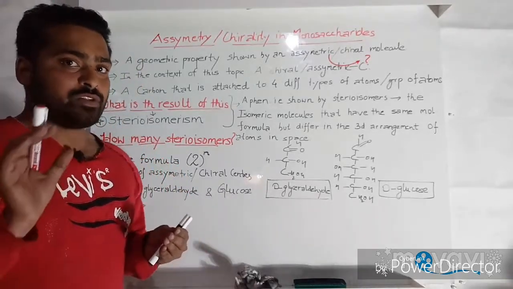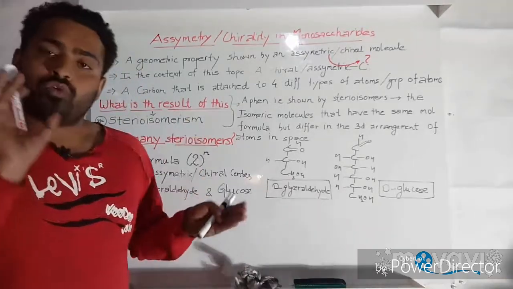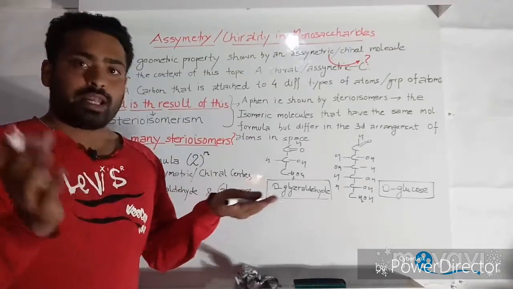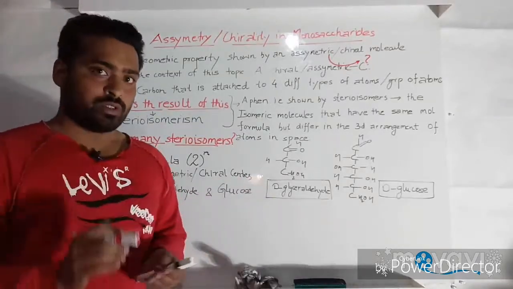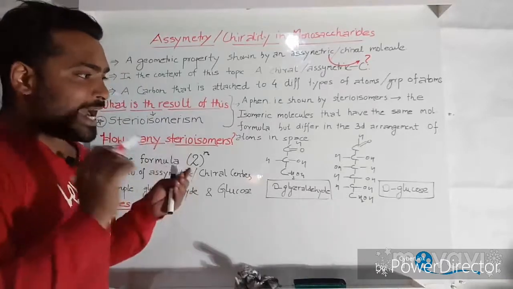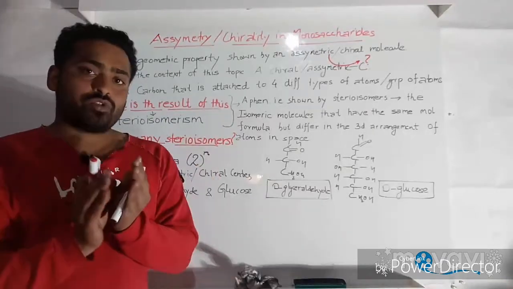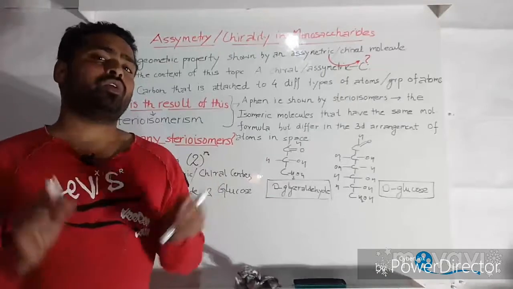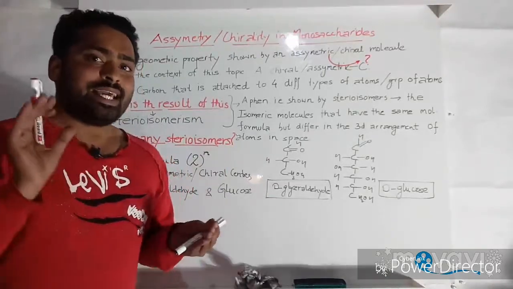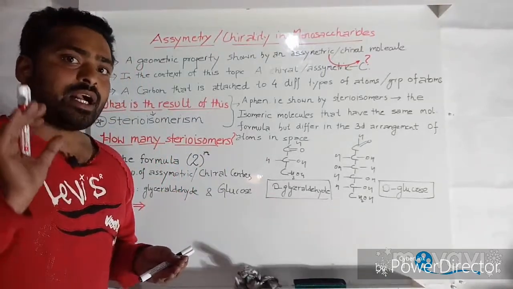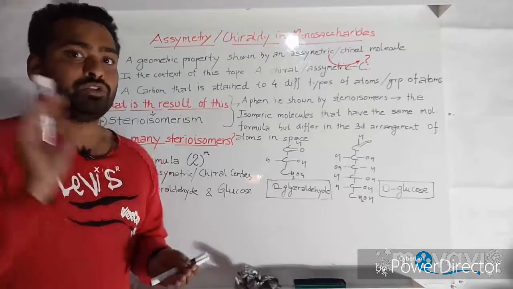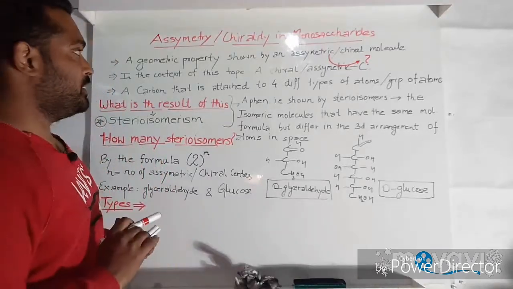We know carbon has a valency of 4, so it can attach to 4 atoms. It can make 4 bonds, simple. So the carbon which is attached to 4 different atoms or 4 different groups of atoms is referred to as a chiral carbon or asymmetric carbon center.